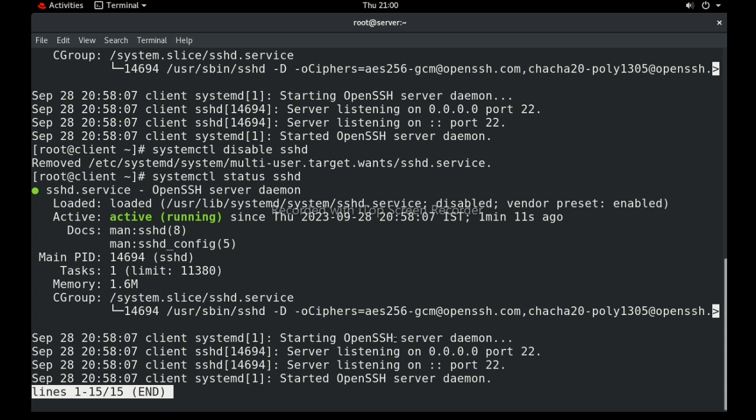As we know, the SSHD daemon process would be listening to its port number for any kind of incoming connections from a remote server. So when this particular service is disabled, then the systems which are remotely connected in the network would not be able to connect to this particular server. So you cannot connect to this particular server using the SSH method.